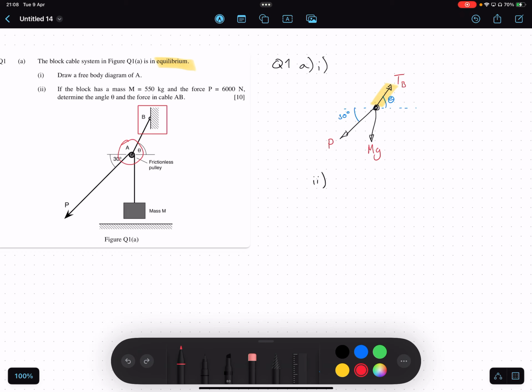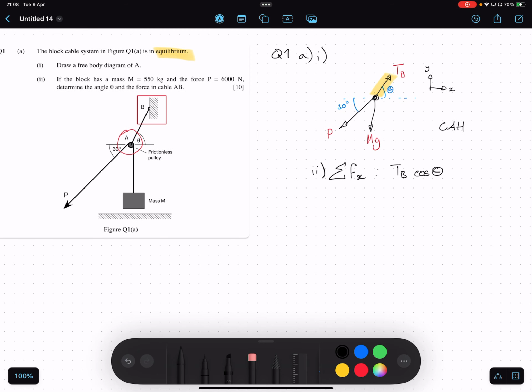The sum of all forces in the x direction, let's label, we have y and we have x. The sum of all forces in the x direction is going to be TB cos theta, as we have, if we remember SOHCAHTOA, CAH, we have adjacent over hypotenuse.